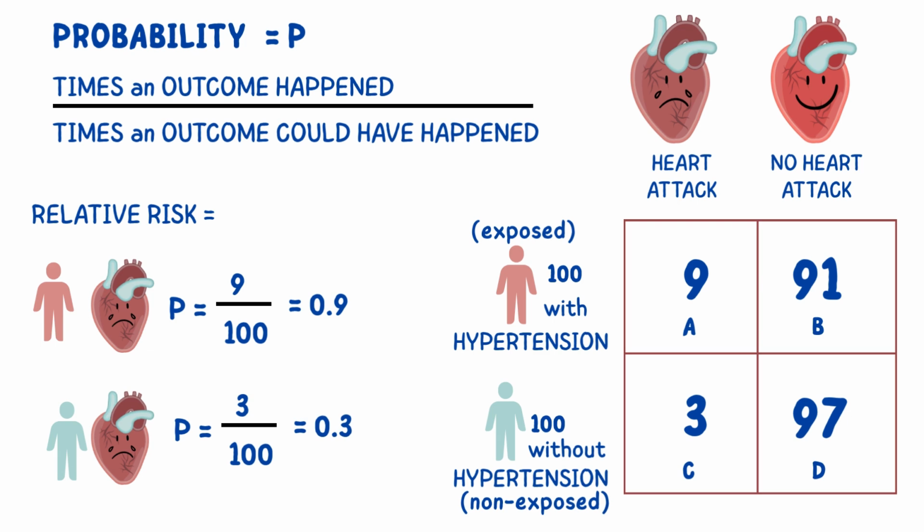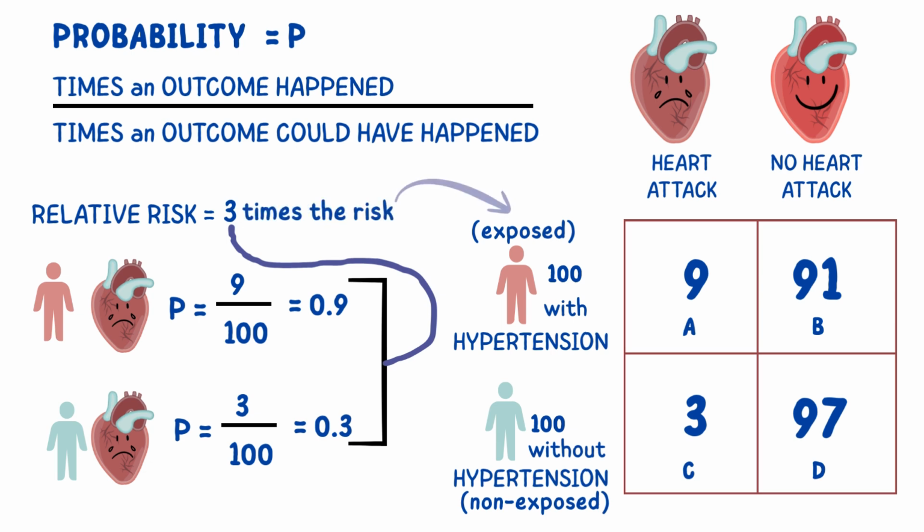The relative risk is 0.09 divided by 0.03, so 3, which means that people who have hypertension have 3 times the risk of having a heart attack in 1 year compared to people without hypertension.